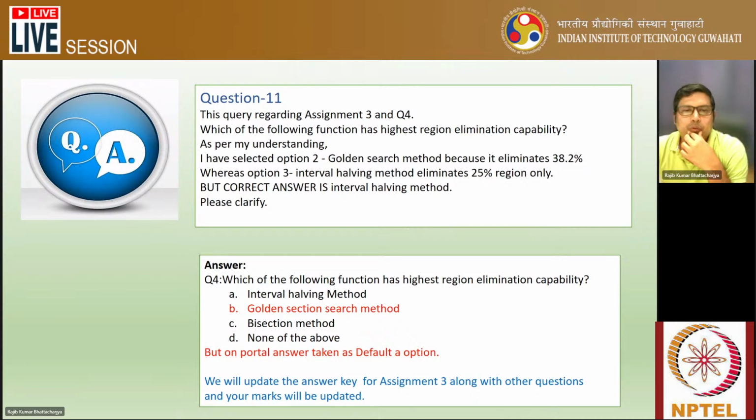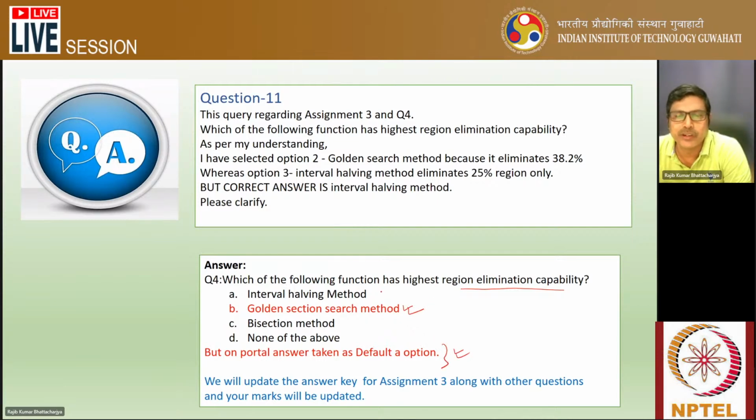Then question number 11. The question is which of the following has higher region elimination capability. There is some problem in the portal.